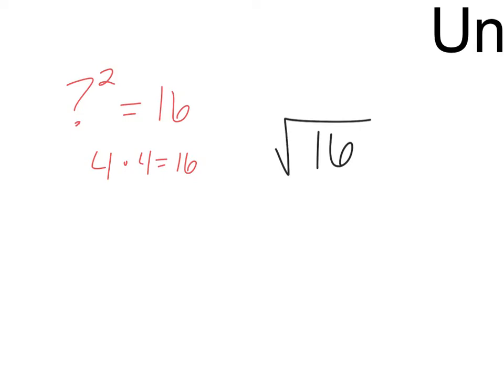You could also say -4, because -4 times -4 is positive 16. So the most accurate way to write this, if you remember from last semester, is plus or minus 4.